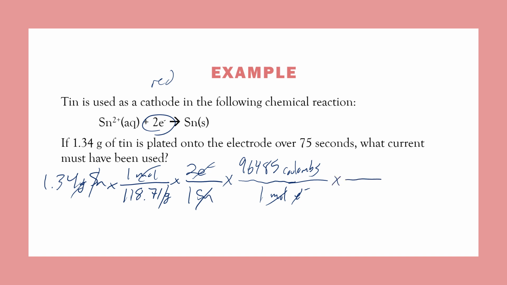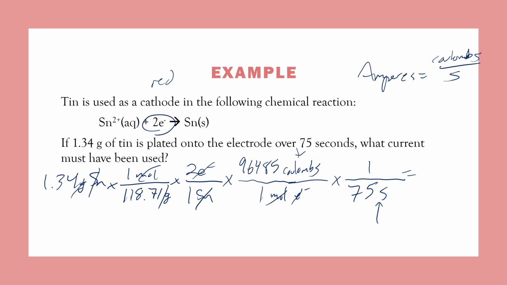I'm going to put 75 seconds on the bottom because amperes is coulombs per second. So I already have coulombs on the top, I need seconds on the bottom. They won't cancel because that's what I'm looking for.